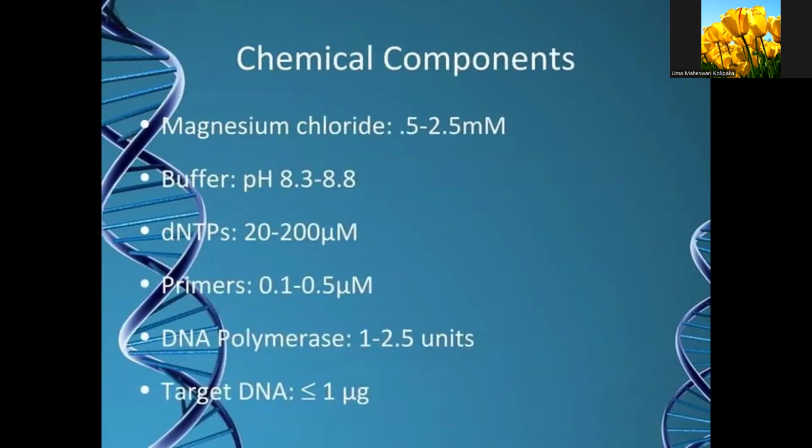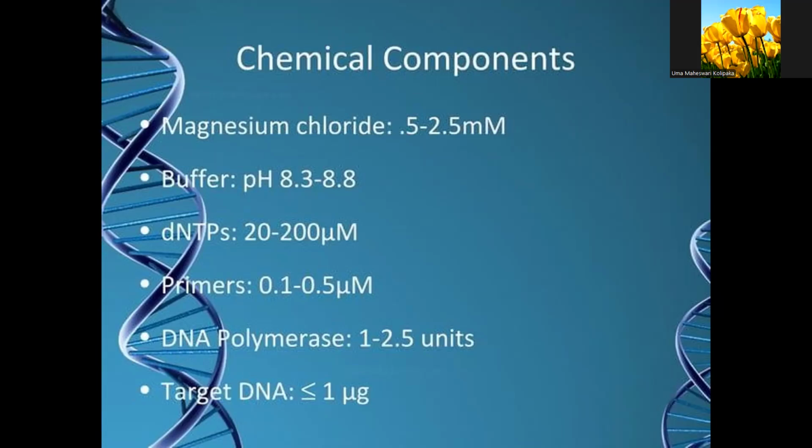So, what are the chemical components we require for the process of PCR? Magnesium chloride 0.5 to 2.5 millimolar, and buffer to maintain the pH 8.3 to 8.8, that is, a slightly alkaline pH we require. And deoxynucleotide triphosphates, 20 to 200 micromolar, and primers 0.1 to 0.5 micromolar.